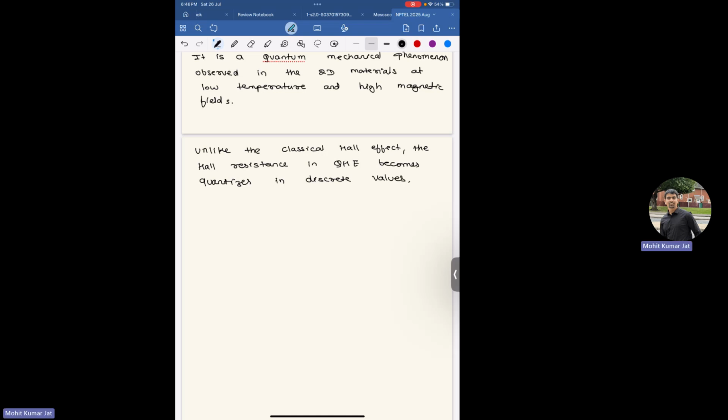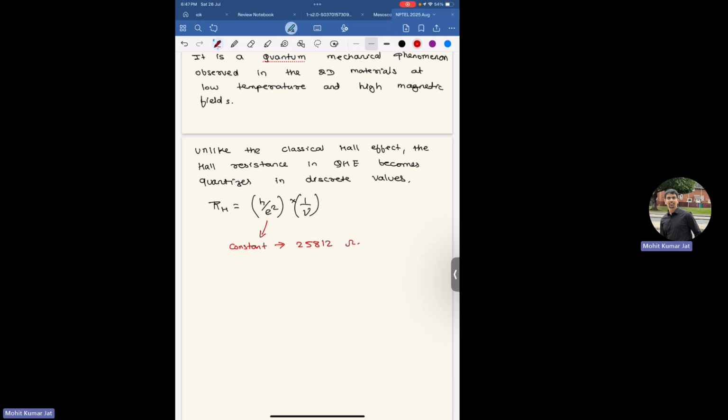So your RH will be quantized in units of h by e squared times 1 by nu. So this h by e squared is a constant, which is equal to 25812 ohms resistance, 25 kilo ohm that we say.